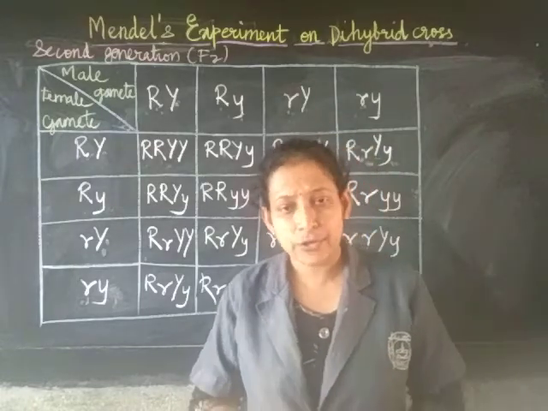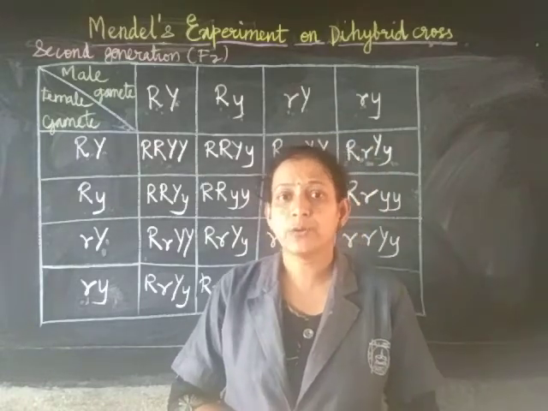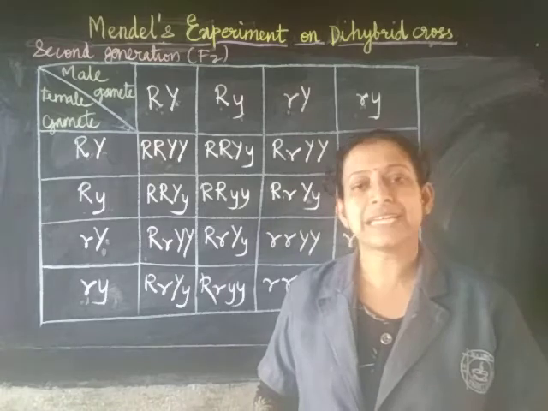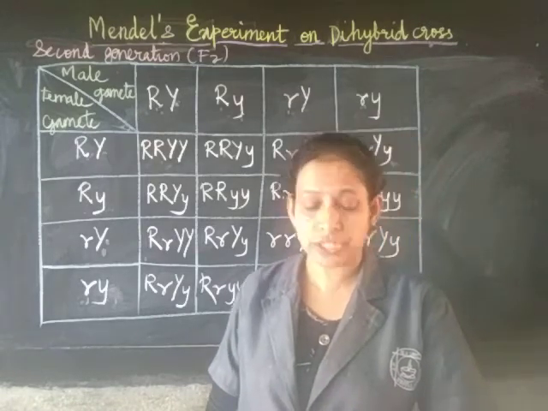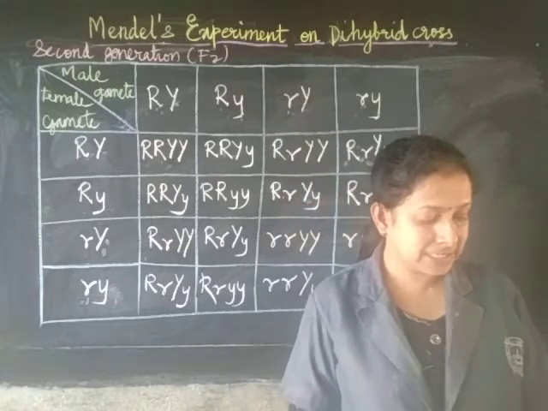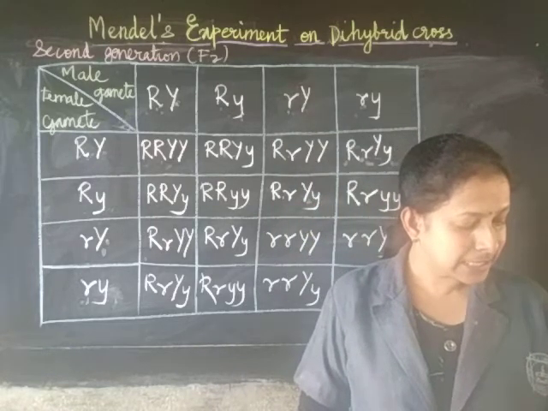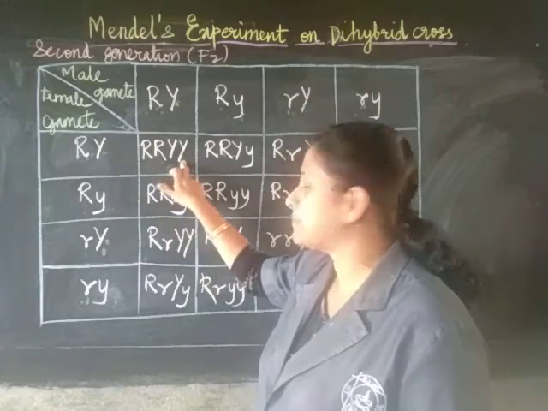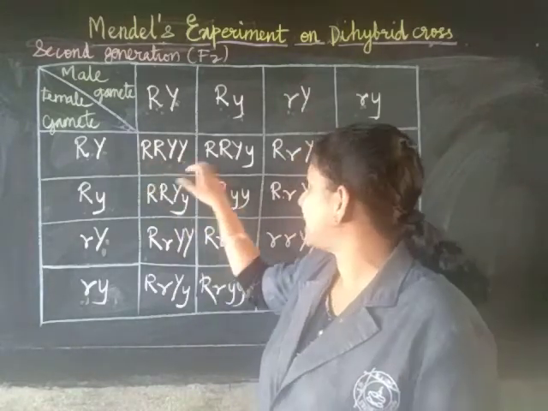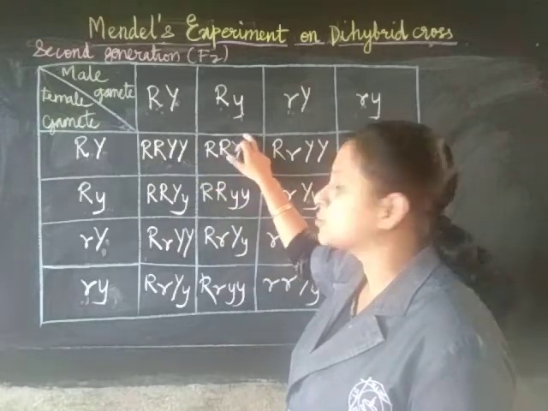But then you have learned last time about the homogeneous and heterogeneous types of characters. Homogeneous is nothing but the same types. Heterogeneous will be called a heterogeneous type.